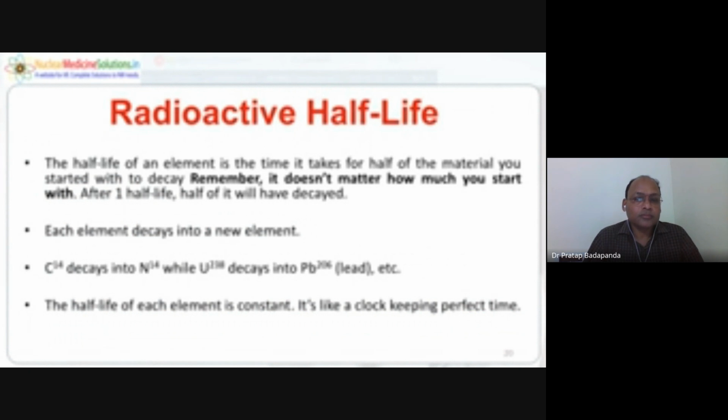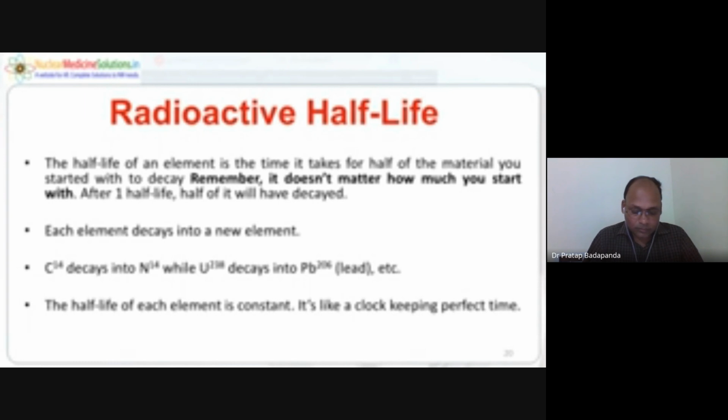The half-life of an element is the time it takes for half of the material you started with to decay. It means we start with x. After some time, when it becomes x by 2, that defines the half-life. It does not matter how much you start with. After one half-life, half of its original quantity will have decayed.